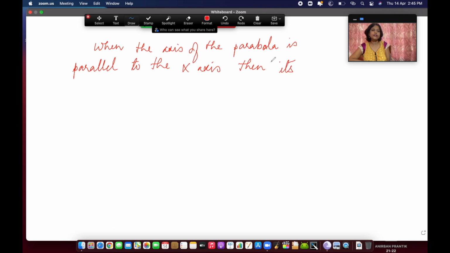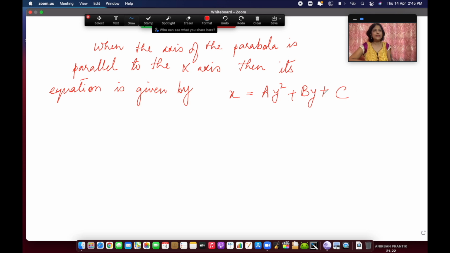When the axis of the parabola is parallel to the x-axis, then its equation is given by x equals ay square plus by plus c, where a, b, c are constants to be determined.